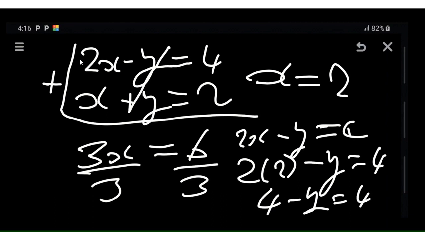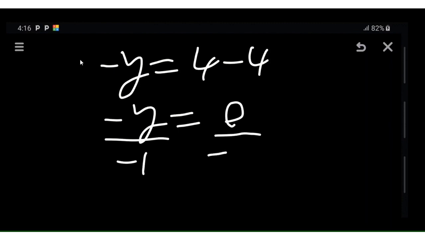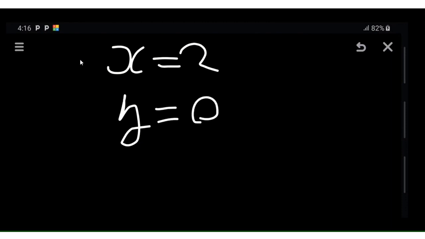So when the 4 has gone to the other side, it will be minus y is equal to 4 minus 4. Then minus y is equal to 0. Divide by -1. My y is equal to 0. Therefore, x is equal to 2 and y is equal to 0.